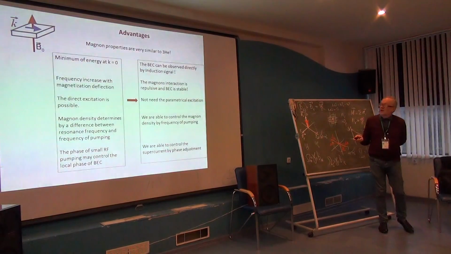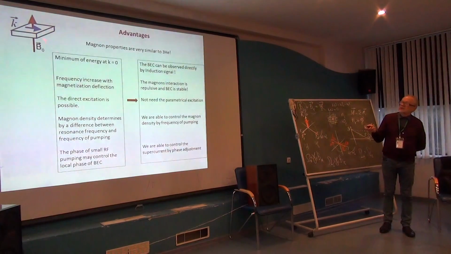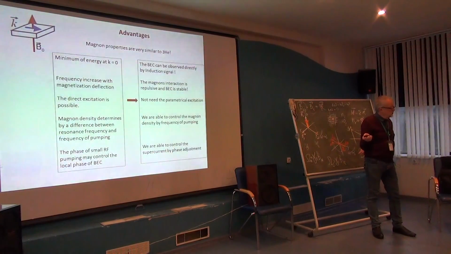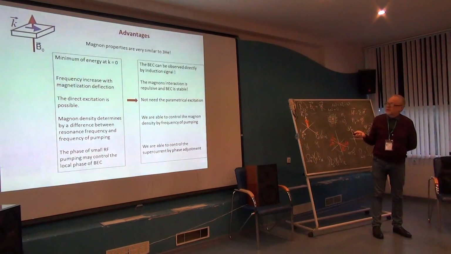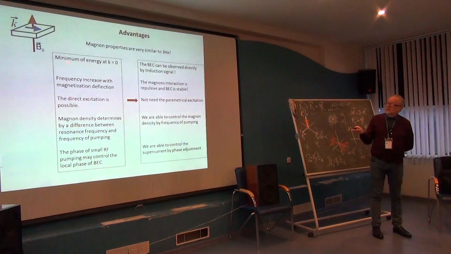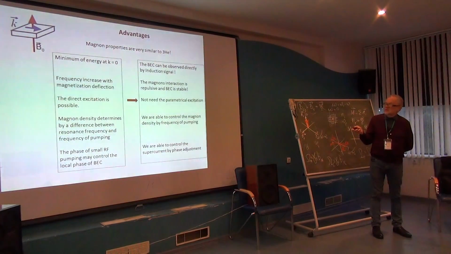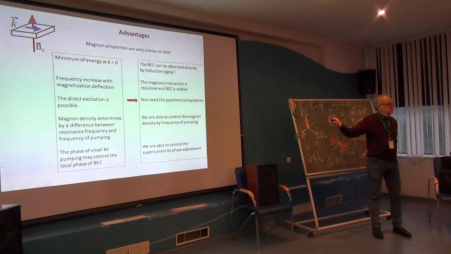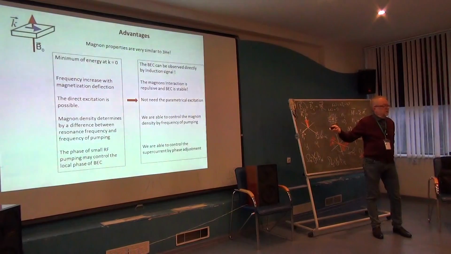So, we have many advantages for this superfluid magnonic current compared to the usual magnonic phenomena. First of all, the magnons in this case have a minimum of energy at K equal to 0. We are working in a different orientation of the magnetic field than before.